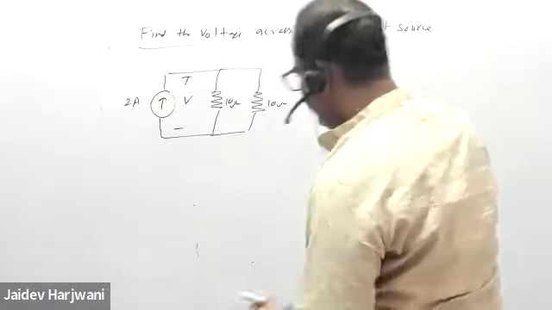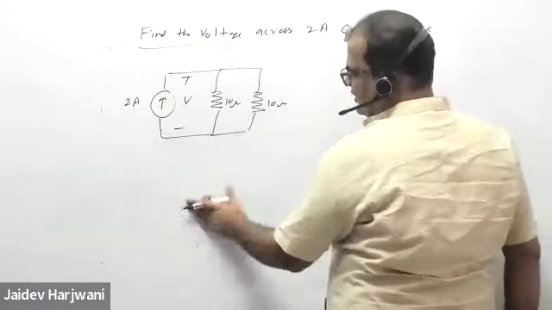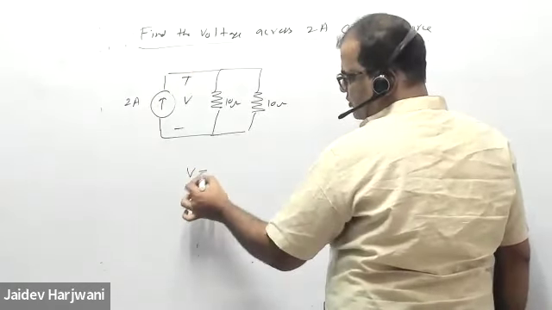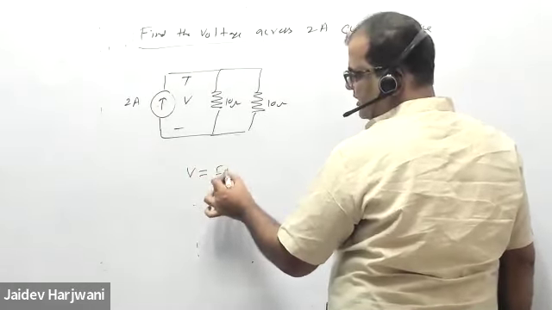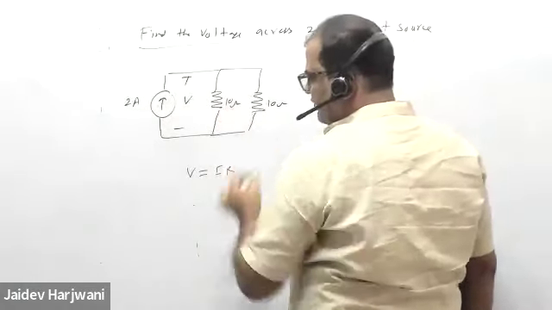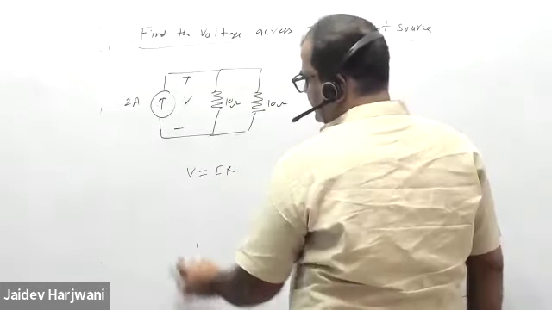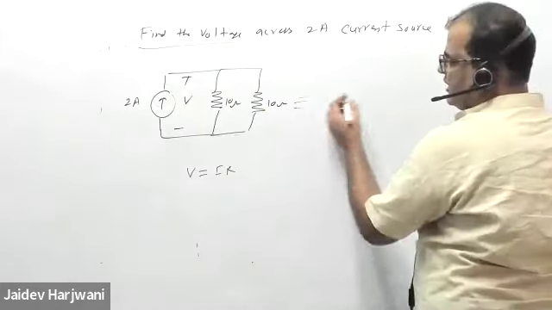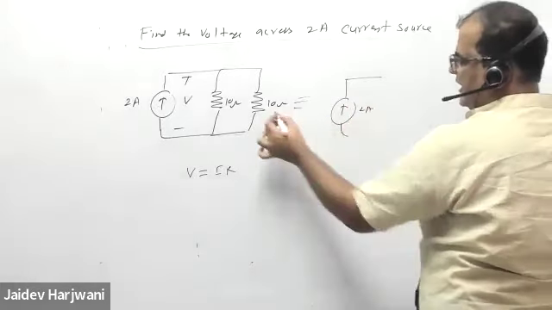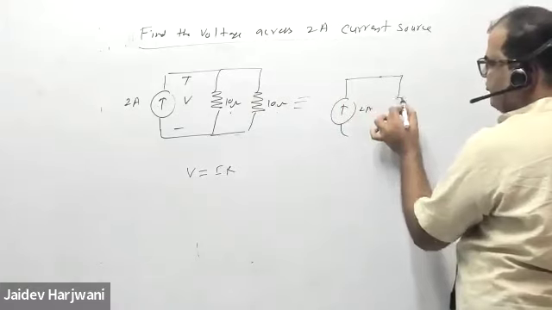To find the voltage across this source, the voltage across the source is IR. We already know this source is giving 2 ampere, and you find the R equivalent, which gives 5 ohm, since 10 ohm resistances in parallel give 5 ohm.